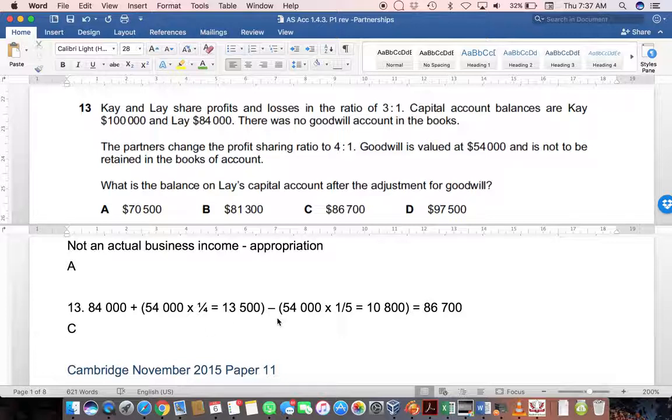And then you will subtract 54,000 times 1/5, because he needs to benefit a little bit from the old goodwill, and you'll see therefore 86,700 is what he actually has, because he is going to end up, under the new ratio, with less of a share than he did before. So the capital needs to increase to show that. So we get 86,700 as our answer. Now go and have a look at it in these options, and you can see you choose C.